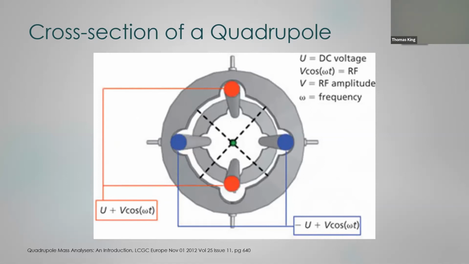These rods each have electric fields applied to them, so that only mass to charge ratios of a certain amount will pass through. Each rod has 2 voltages applied. One is a fixed direct current, and the other is an alternating current that cycles with a superimposed radio frequency. The magnitude of the applied electric fields can be manipulated so that only ions with a specific mass to charge ratio can pass.